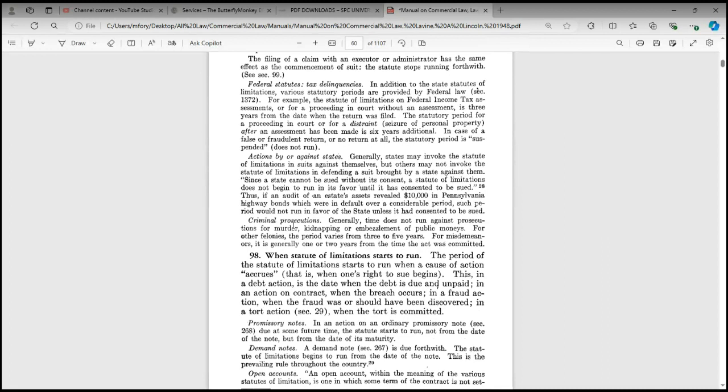The statutory period for a proceeding in court or for a distraint, which is a seizure of personal property, after an assessment has been made, is 6 years additional. In case of a false or fraudulent return or no return at all, the statutory period is suspended, does not run.